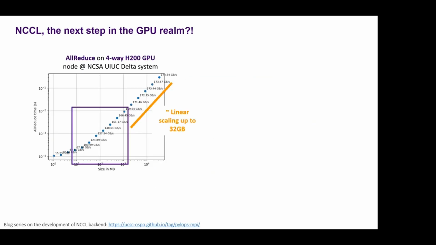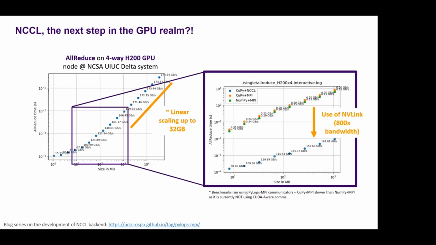He did a lot of work, and the bottom line is in this plot. You can gain a lot from going from MPI to NCCL. This is the time it takes to communicate. So it gave us a lot of motivation, and we are starting to have the first mature version of the code.